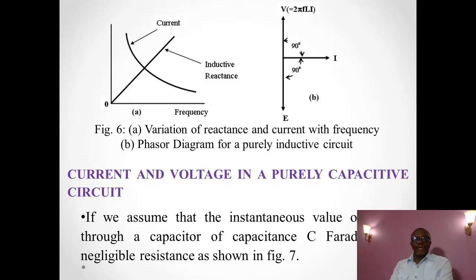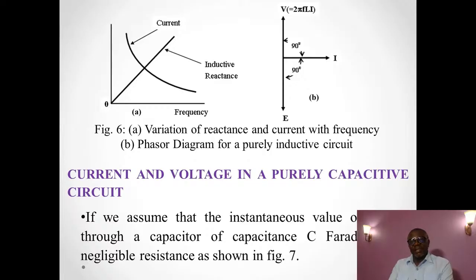So if you look at Fig 6, you can see the two plots. We say that in a purely inductive circuit, the current varies like that, while the inductive reactance is proportional, a straight line passing through the origin.